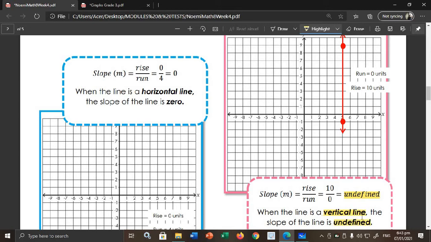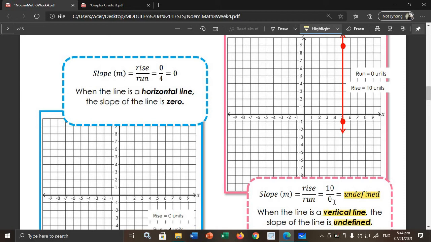You can imagine that the illustration of the line is a vertical line. Yung itsura ng line, you can imagine na vertical siya kasi you get an undefined slope. Okay? And then, some special cases din, paano naman kapag yung rise yung equal to 0? Like this example.